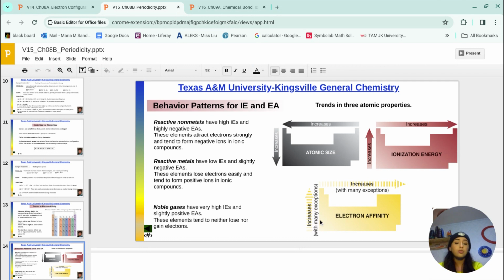Electron affinity increases as you go up, with some exceptions, and electron affinity increases as you go across, with some exceptions. Atomic size increases as you go down and increases as you go to the left, actually. So atomic size is the only one that really changes there.